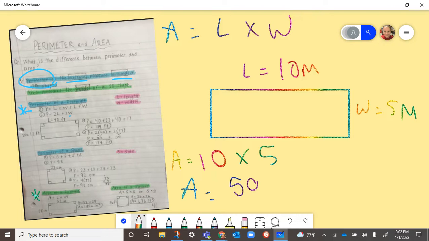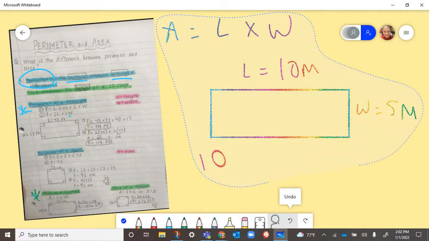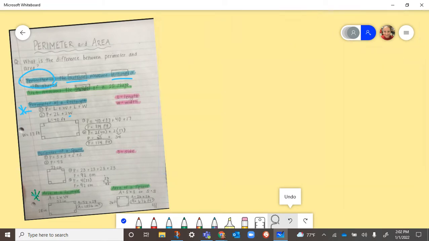And then you just multiply those. Now that is for a rectangle. So that's rectangle. Let's go look at what we would do if we have a square.